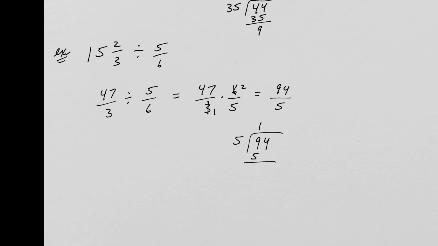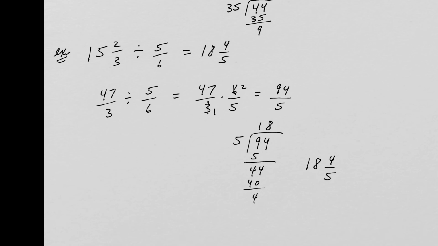I subtract, right? I'm going to get 4. Bring down the next digit, 4. 5 goes into 44, I guess 8 times. So that'll give me 40. Subtract, I get 4. So this is going to be 18 and 4/5. Right? So that's my answer. So 15 and 2/3 divided by 5/6 is equal to 18 and 4/5.